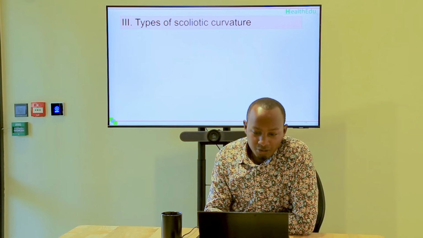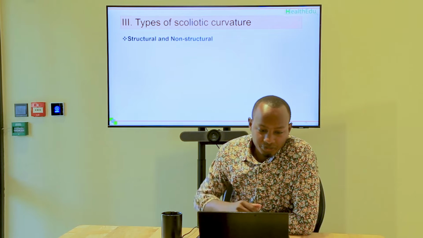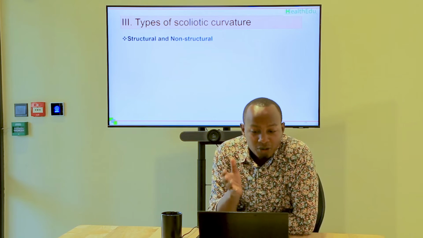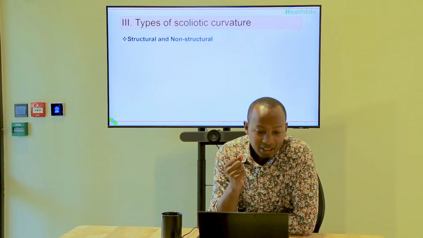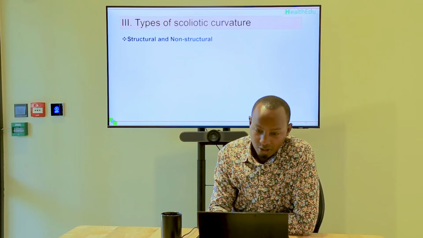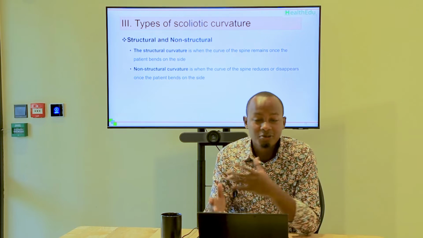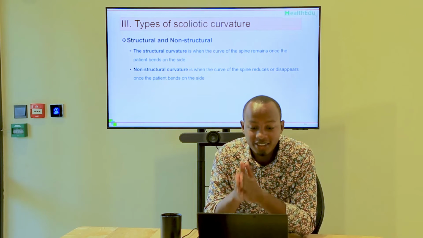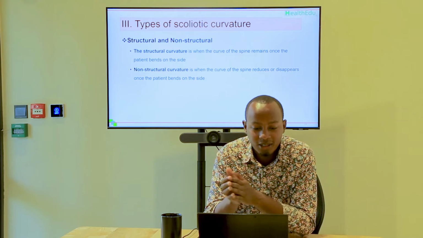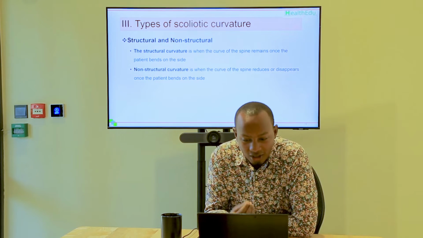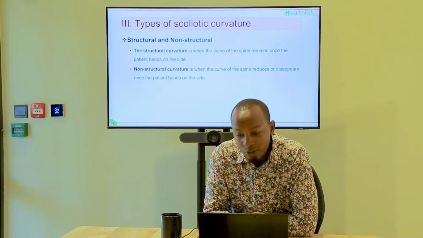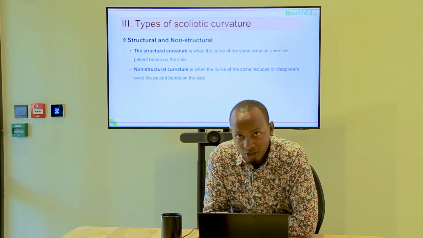Let's see the types of scoliotic curvature. There are different types of scoliotic curvature. The first one is structural or non-structural. Non-structural, most of the time, is called functional. If they use functional or non-structural, it's the same. Don't get confused. So the structural curvature is when the curve of the spine remains once the patient bends to the side.